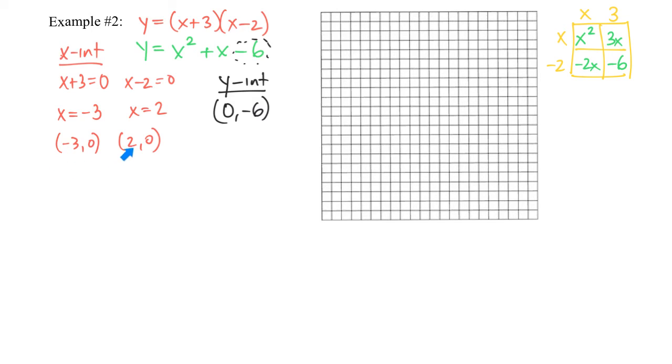So if you go exactly halfway between -3 and 2, you're at -0.5. So that tells me immediately, without doing -b over 2a, that my axis of symmetry is -1/2 or -0.5.